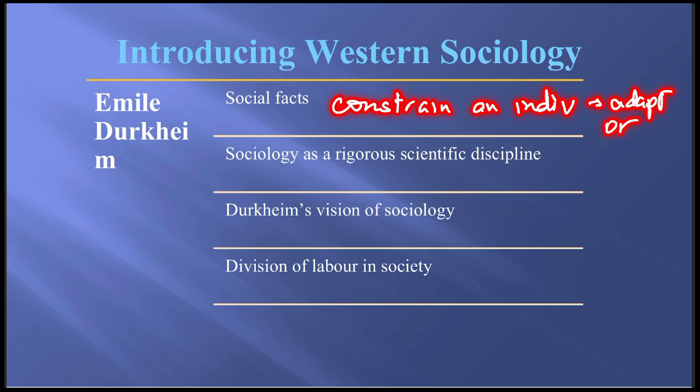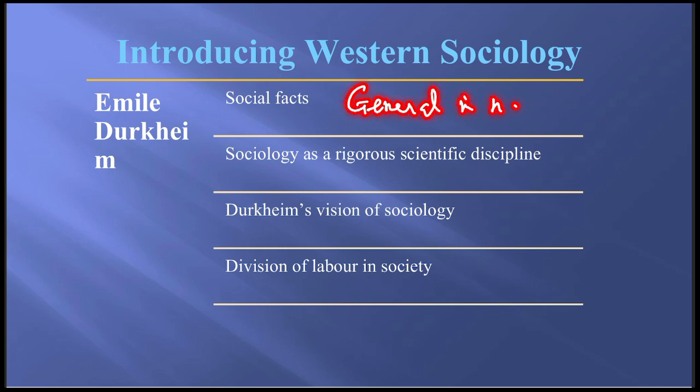Also, social facts are general in nature as they do not apply to specific individuals but rather apply broadly across the society. Social facts are independent of an individual's life as they persist across generations, retaining their influence and existence. So basically, now we have an idea of what are social facts.